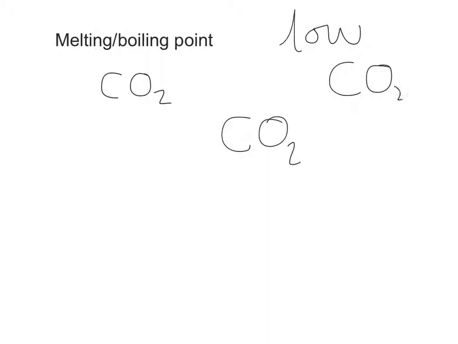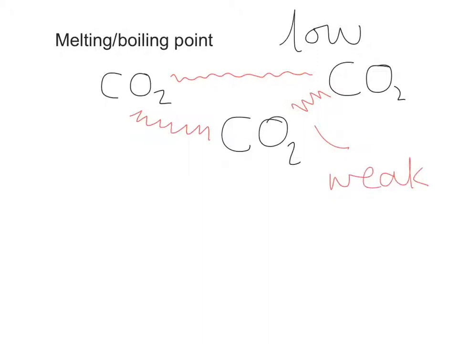Between each molecule of carbon dioxide, there are forces acting. The forces between the molecules are very weak, and so they don't take a lot of energy to break. This then means that they have a low melting and boiling point.